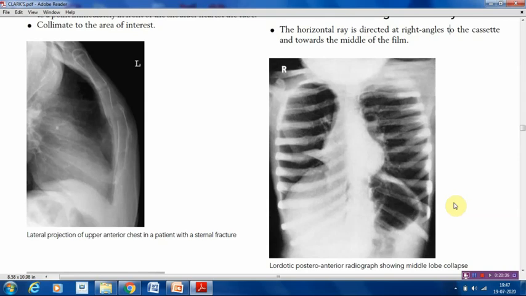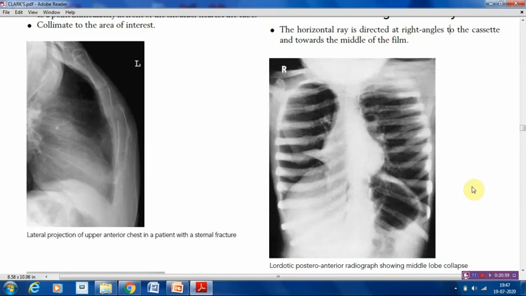Then, evaluation of the image, how the image looks, all that is the same. I already explained the same thing in the PA radiography. It should have good contrast and density. A particular area of the image should be clearly seen.